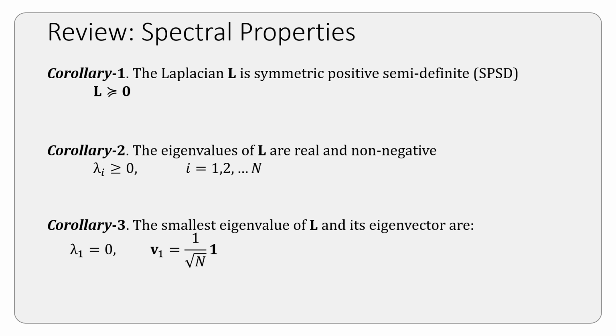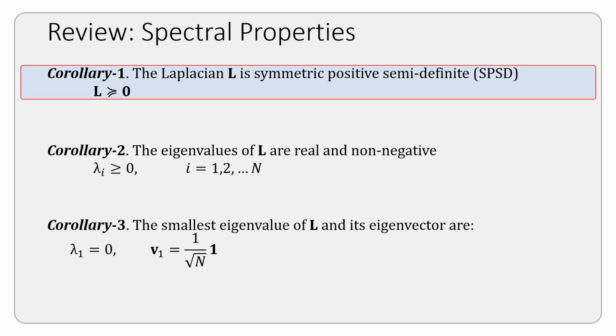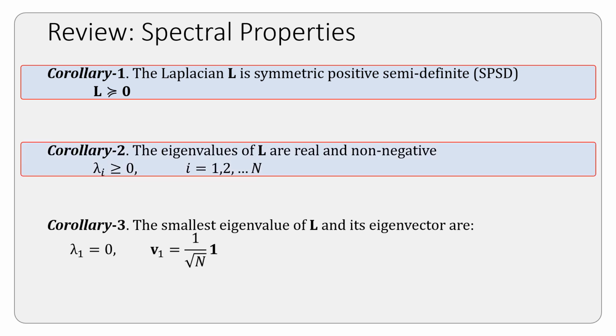It follows directly from the sum of squares theorem that the Laplacian is symmetric, positive semi-definite. L is greater than or equal to 0. Whence, the eigenvalues of the Laplacian are real and non-negative. Lambda i is greater than or equal to 0, where i equals 1 through n.